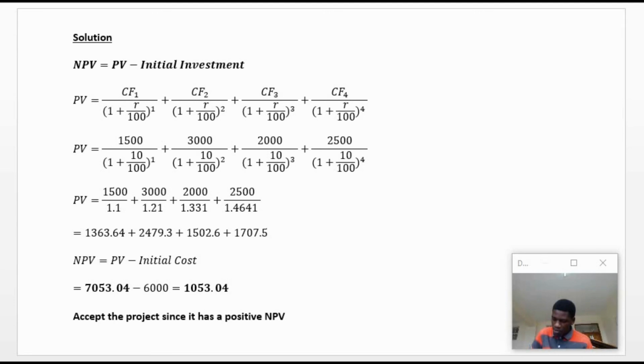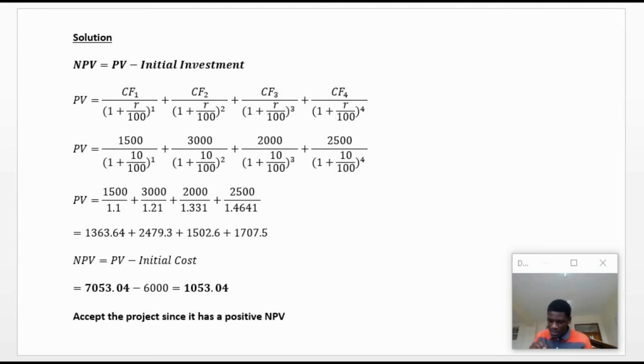Therefore, our PV already is 7,053.04 minus initial investment, which was equal to 6,000. To get our net present value, we subtract PV minus initial investment, which gives us 1,053.04.